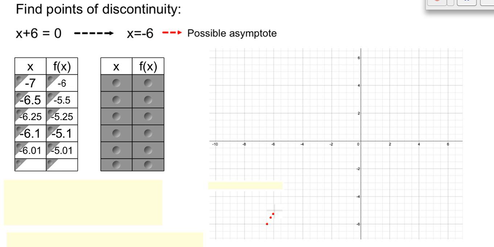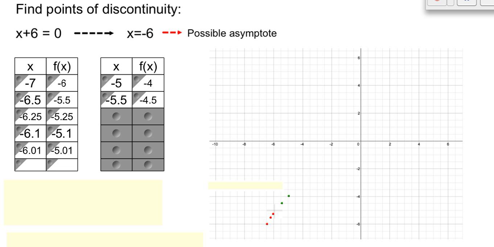Let's see what happens on the other side. So when x is -5, y is -4, which is right here. -5.5 gets us to -4.5, so that's going to be right there.